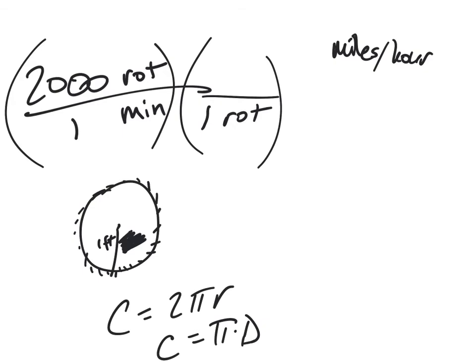And so the circumference is what? 2 pi r. But wait, I know r. What is the radius? 1 foot. 2 times pi times 1, which is 2 pi. And we got to have units. Feet.